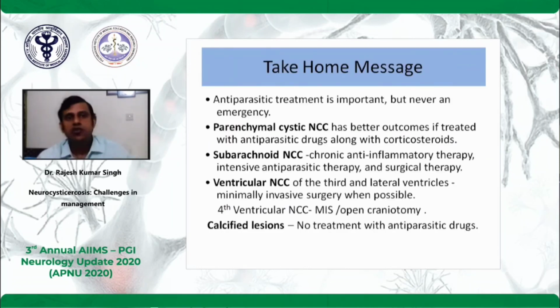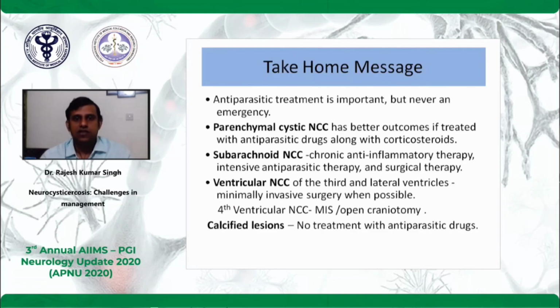So the take-home message: antiparasitic treatment is important, but never an emergency. For parenchymal cystic NCC, outcomes are better if treated with antiparasitic drugs along with corticosteroids. For subarachnoid, chronic therapy is required, intensive antiparasitic therapy, and surgical therapy.